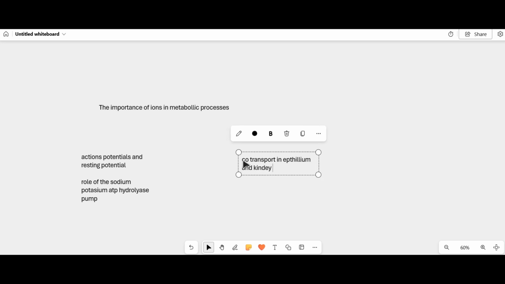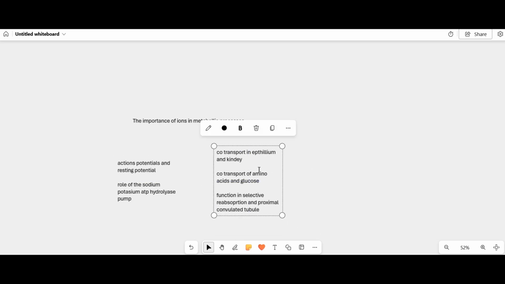What I mean by kidney is I can talk about the proximal convoluted tubule here, like topic 6 and that here. Alright, cool. So I can say co-transport of amino acids and carbohydrates and glucose. I can say as well that it functions in selective reabsorption here and the proximal convoluted tubule here. Alright, cool.